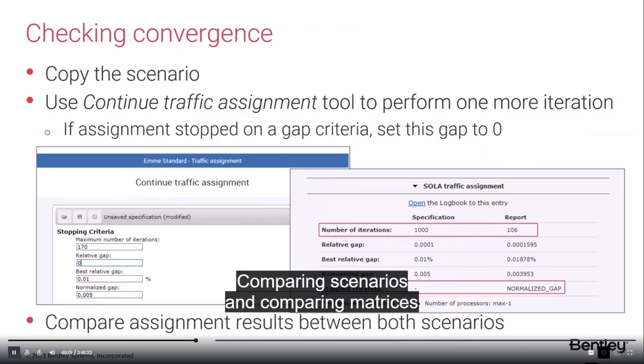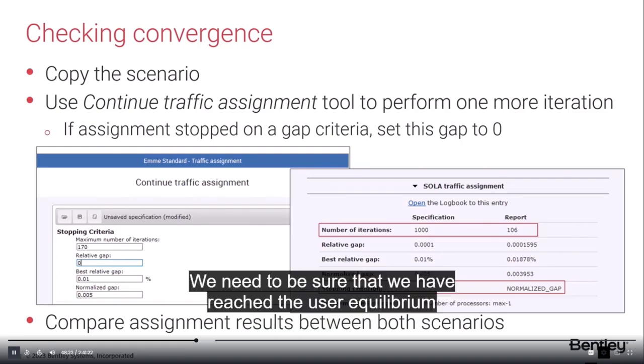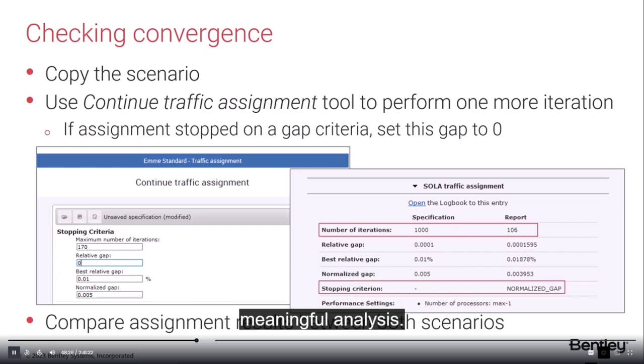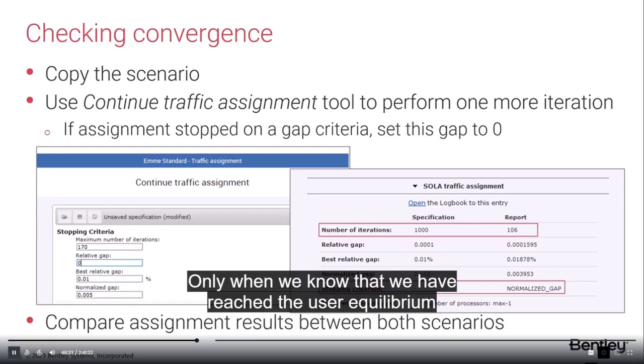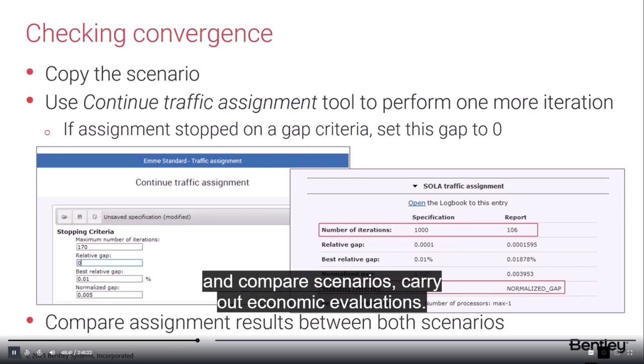Comparing scenarios and comparing matrices is useful, especially to make sure that the assignment has converged. We need to do it. We need to be sure that we have reached the user equilibrium because it is essential to be able to perform meaningful analysis. Only when we know that we have reached the user equilibrium will we be able to do fine analysis, compare scenarios, and carry out economic evaluations.